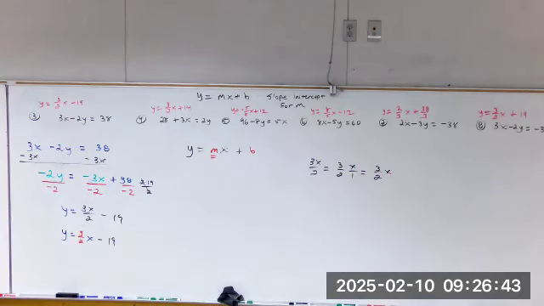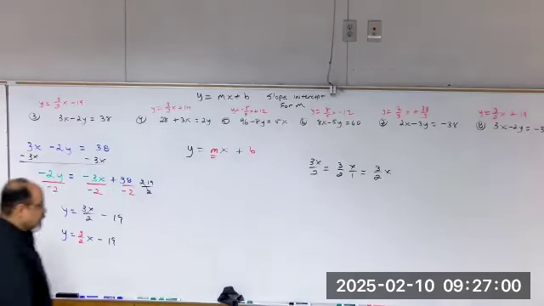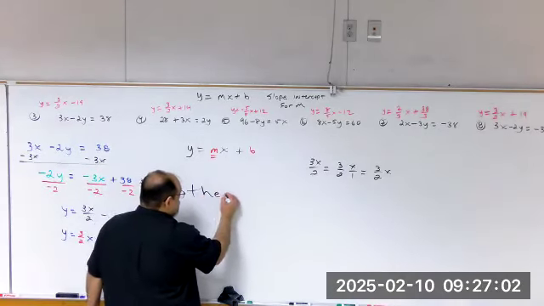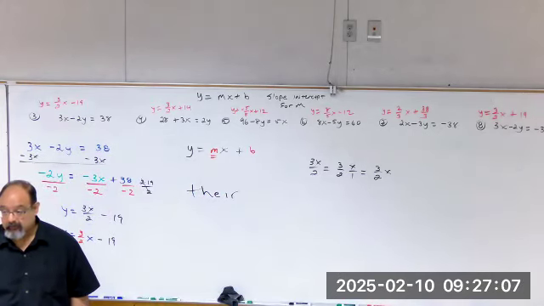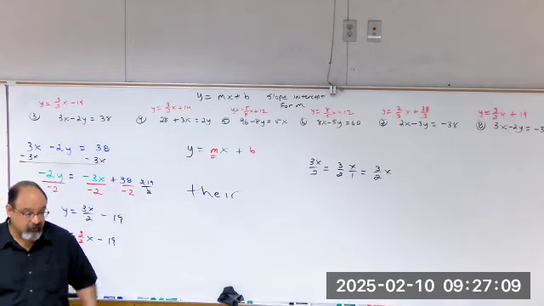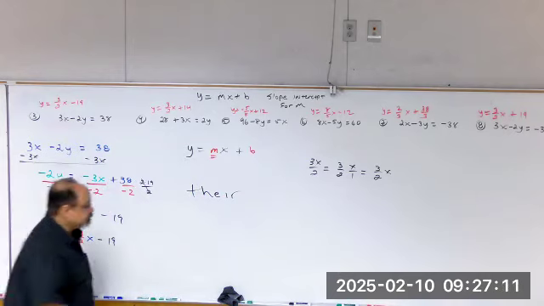Okay, spelling counts. Spelling has to count. Because if you don't spell right, we're going to get the wrong answer. If you don't spell the correct word, it means something different. If you say they are going to the store, they're going to the store, and you write it wrong, that's not correct.